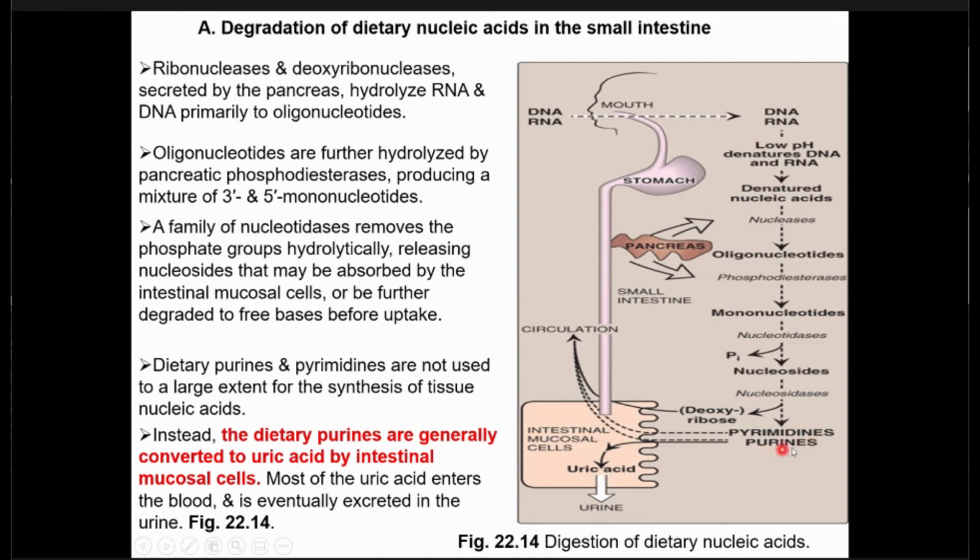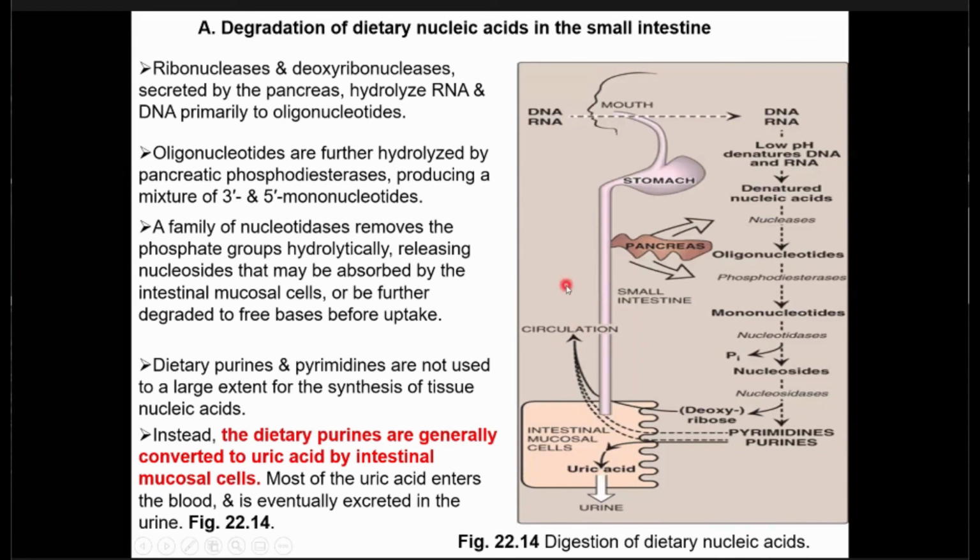So it means adenine or guanine, or cytosine, thymine, and uracil. The purines will be degraded into uric acid, and some of the pyrimidines will be going into the circulation again.